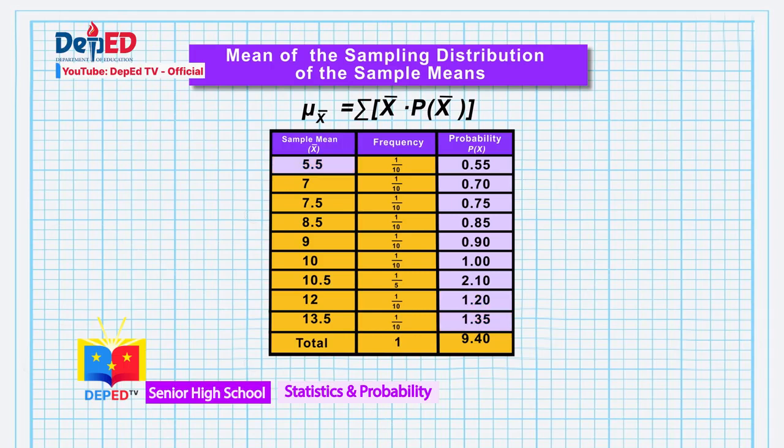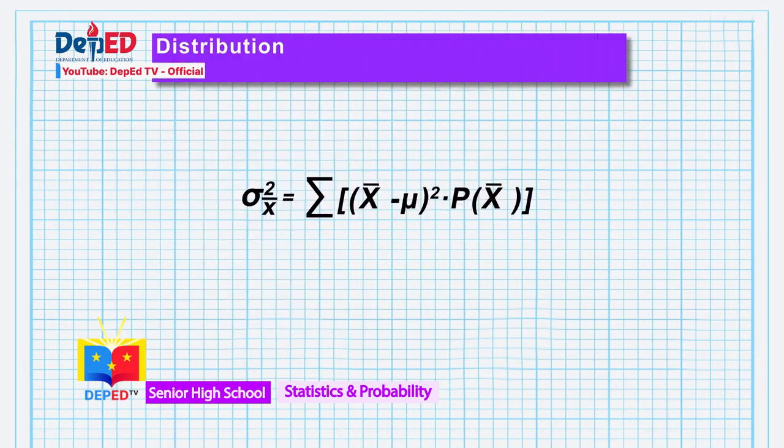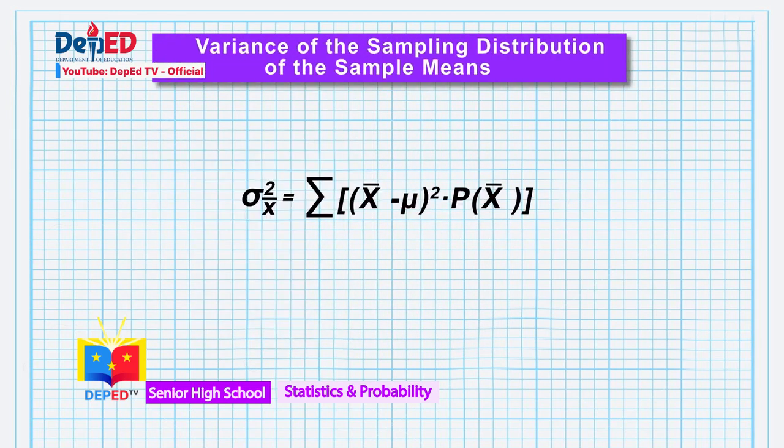Adding 0.55 plus 0.7 plus 0.85 plus 0.9 plus 1 plus 2.1 plus 1.2 plus 1.35, the answer would be 9.4.